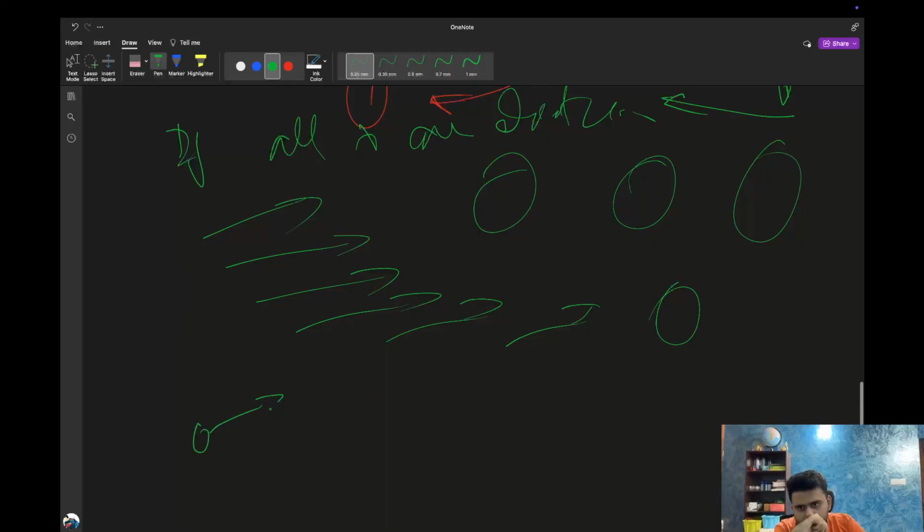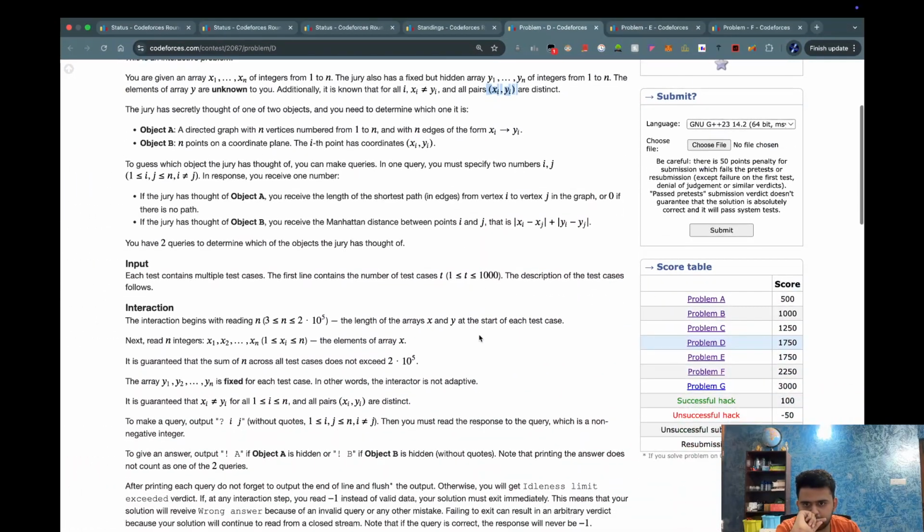So consider this case and one here, one here, and one here. So this is 2, this is 2, and this is 3. Transposition would work anyway.